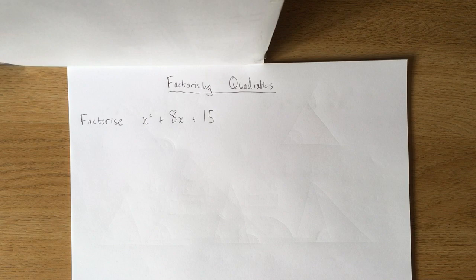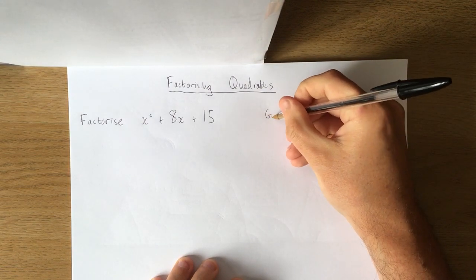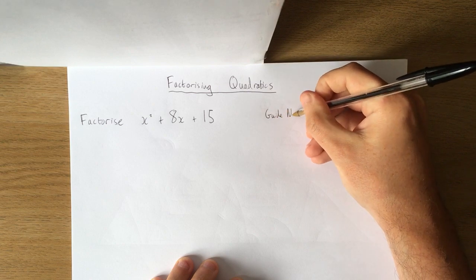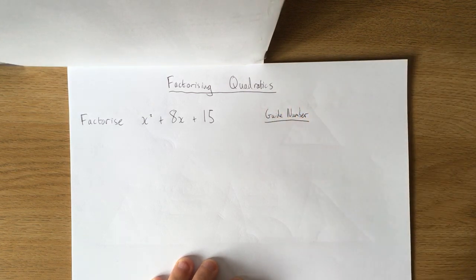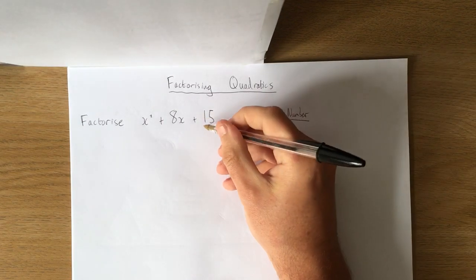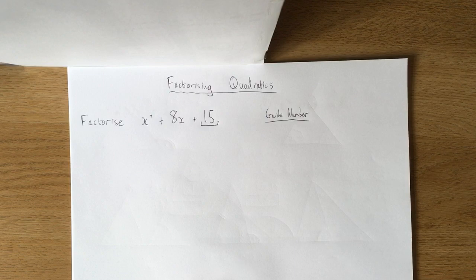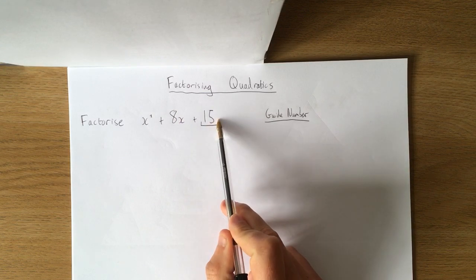So that method we need to learn is what's called the guide number method. The guide number in one of these quadratics is the number on its own at the end. Standard form would be x squared, x, just a number.